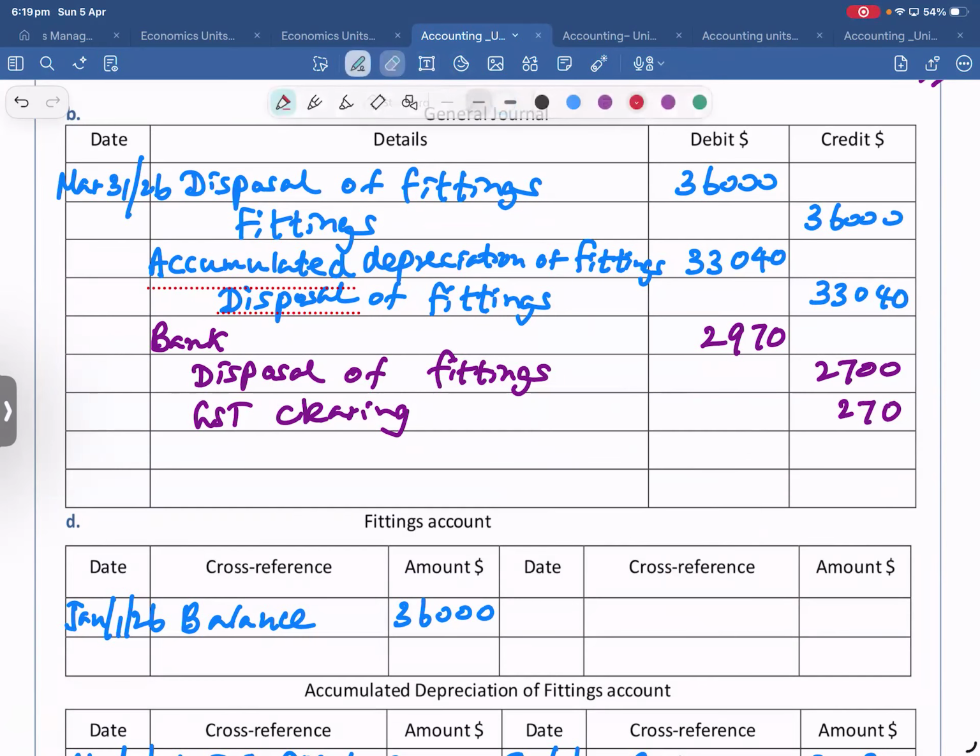Then what do you do? You debit the loss on disposal of fittings, 260, and you credit the disposal.